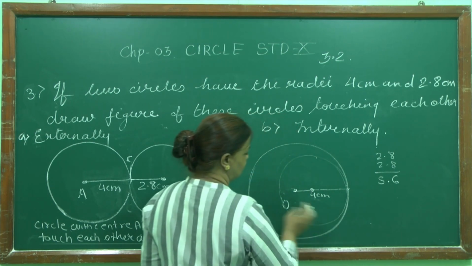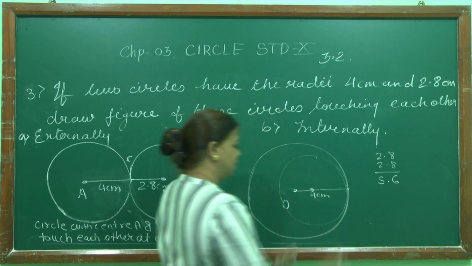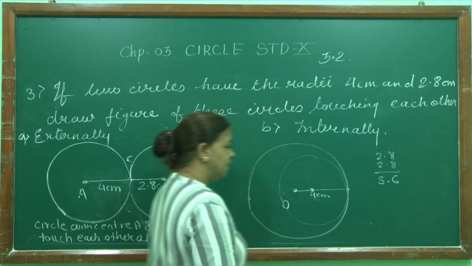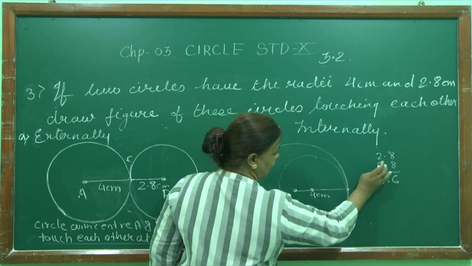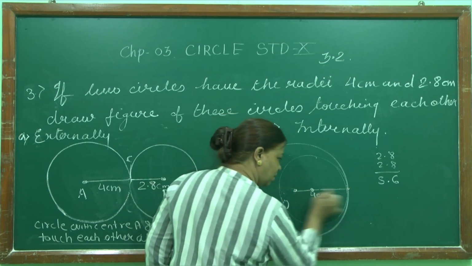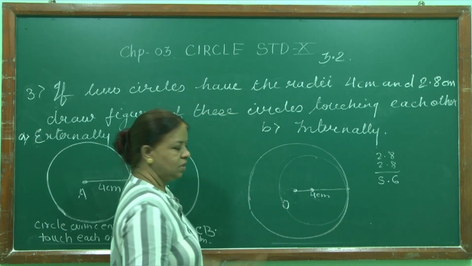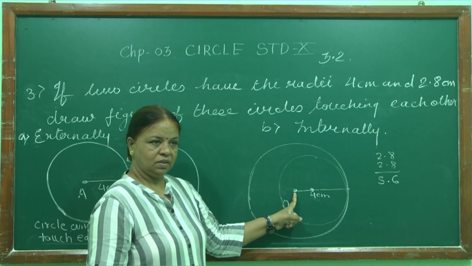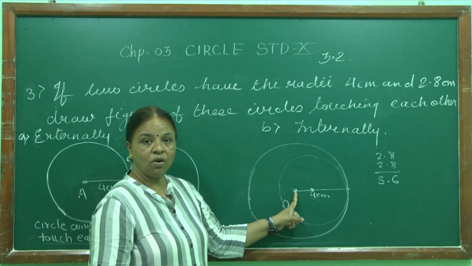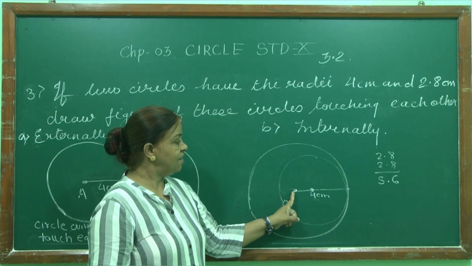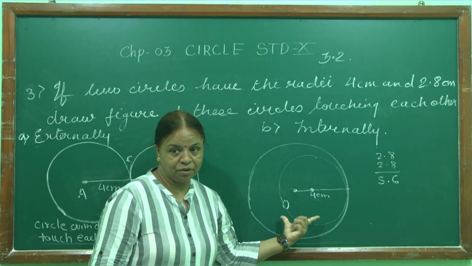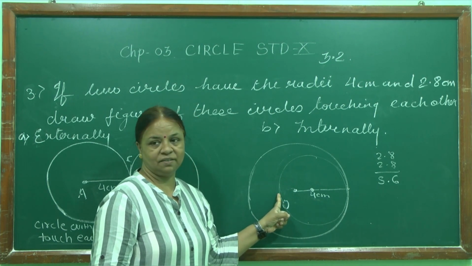See, the radius of the bigger circle is 4 centimeter and the radius of the smaller circle is 2.8 and they are touching internally. So 2.8 and 2.8, the diameter would be 5.6. 5.6 means somewhere it would be more than 4. It would not touch here. The smaller circle will not come here and touch this point, because it is more than 4 centimeter. The diameter of the smaller circle would be 5.6 and therefore our circle is here.